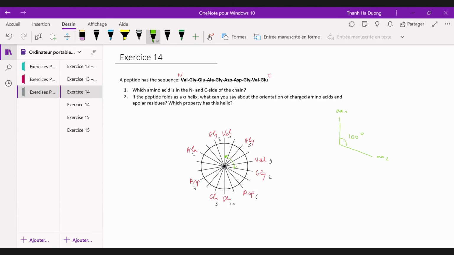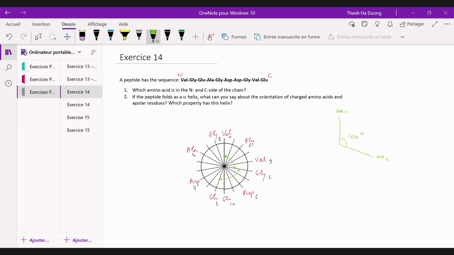And between the second and the third, also an angle of 100 degrees. Each time you have 100 degrees. Understood? Yes. Okay. So I plot all the amino acids of this sequence, and if I have the top view of my alpha helix, I have this.